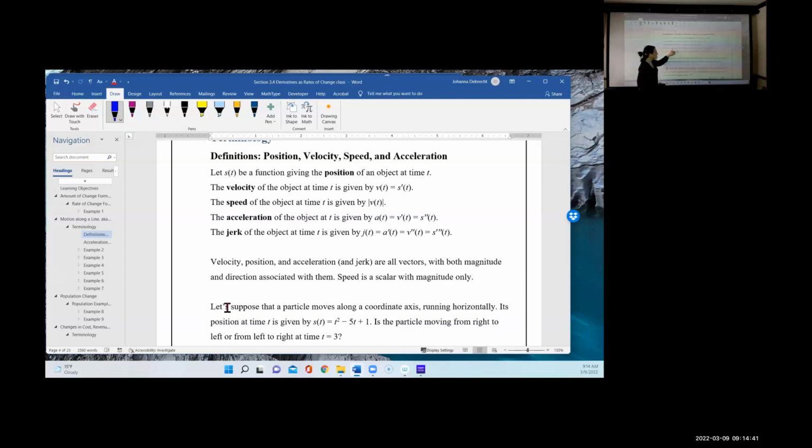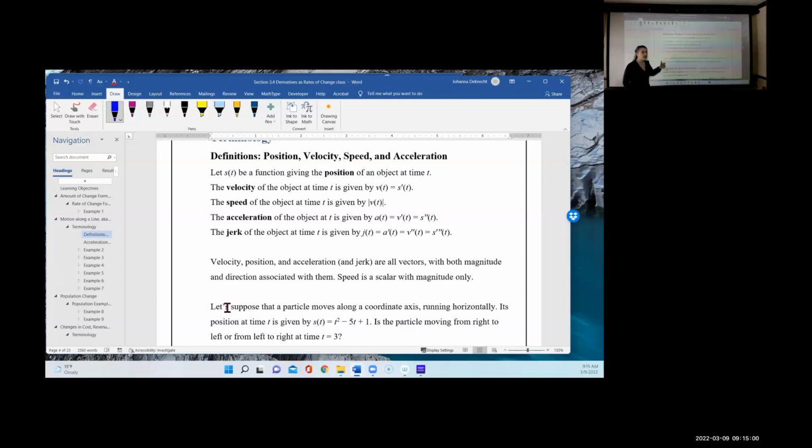The acceleration of the object is the derivative of velocity and the second derivative of position. So acceleration is v prime or s double prime. That's how we say that, s double prime. There's actually something called the jerk.